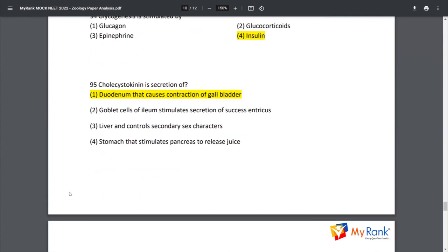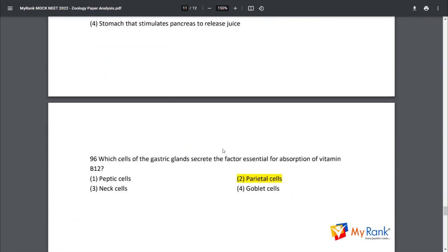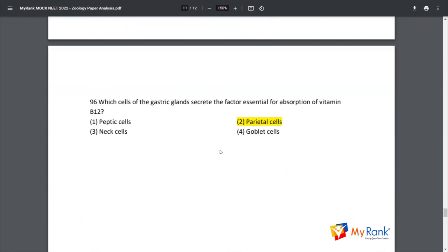Next comes question number 95. Cholecystokinin is the secretion of. Cholecystokinin is secreted from the duodenum, which is responsible for contraction of the gallbladder. So option 1 is the correct answer. Next comes question number 96.